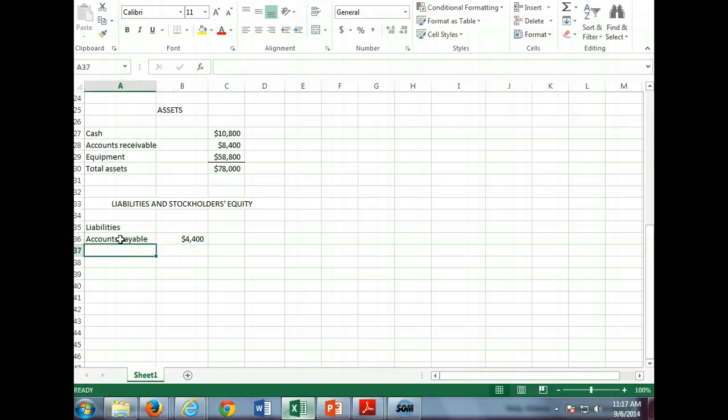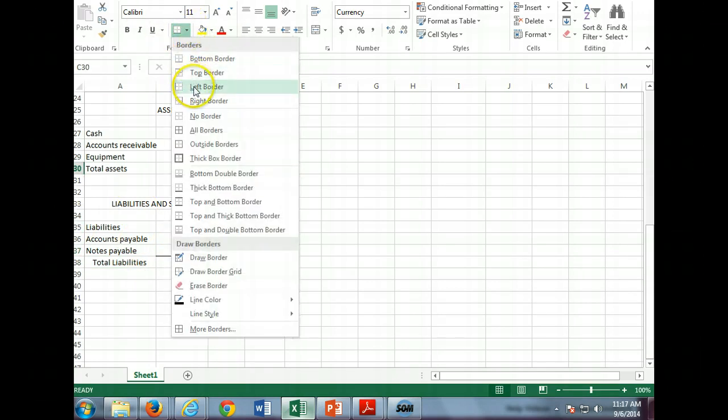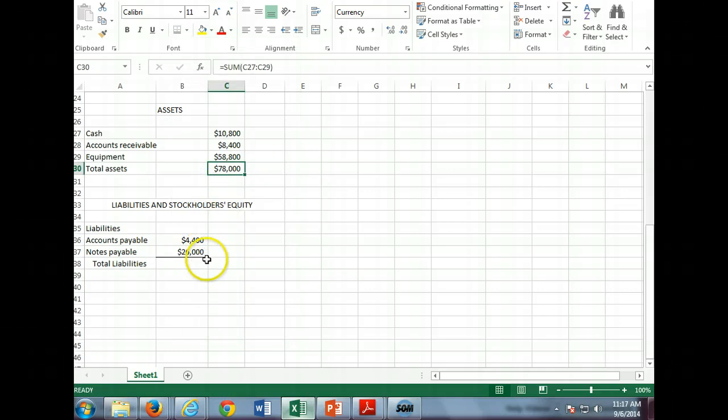What else? Notes payable. Notes payable, 26,000. So our total liabilities are $30,400.